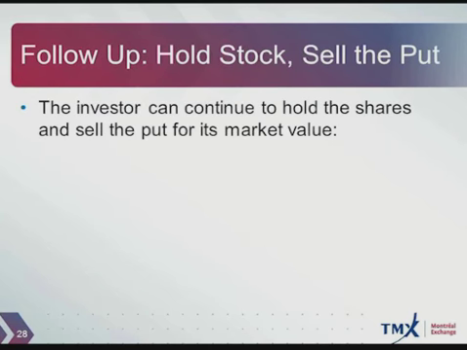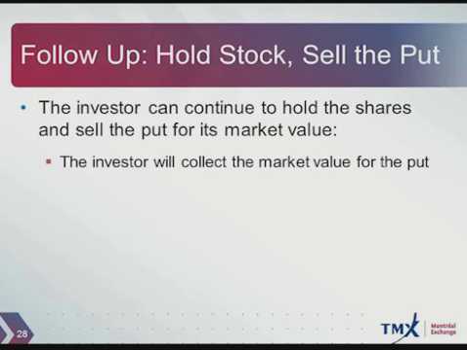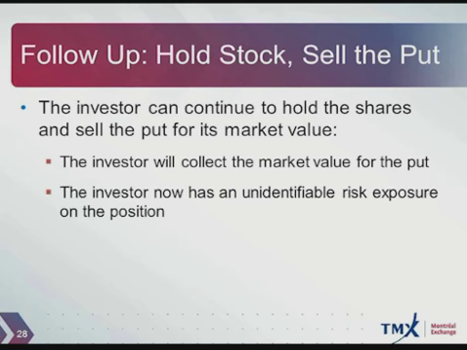Now, if you felt that the stock was going to turn around and bounce, you could continue to hold the shares and sell the put for its market value. So you would collect the market value for the put, and you give up any of your hedge, if you will.